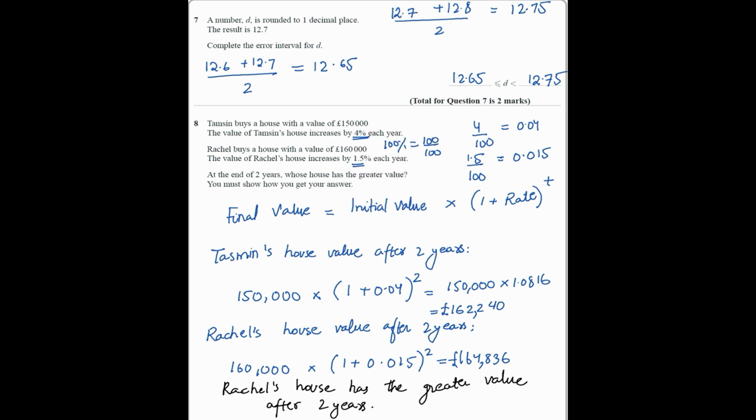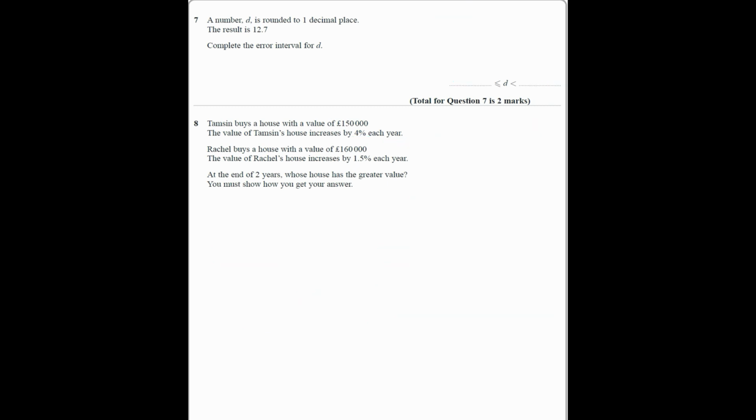Compound growth involves applying a percentage increase to an amount repeatedly over multiple time periods. It grows exponentially, not linearly, because each increase builds on the previous total. If you are confused in this step, like 1 plus 0.04, let me guide you one more time. It is actually 4% there. 100% is the original amount and 4% is the increase.